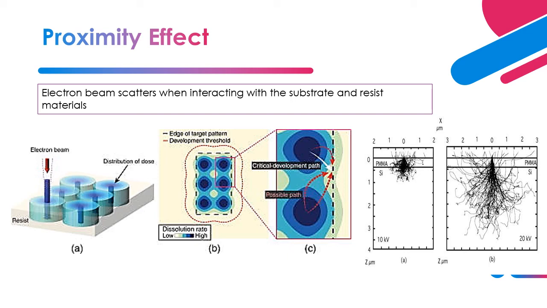What happened is the electrons scatter, like in the right picture, creating a proximity effect on the material.